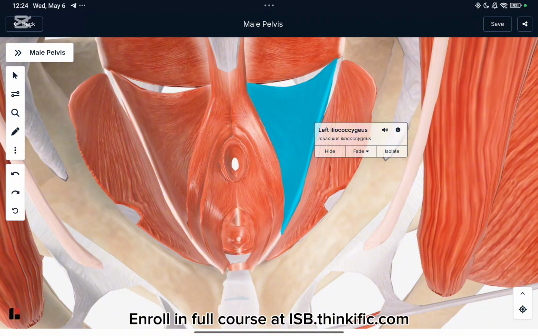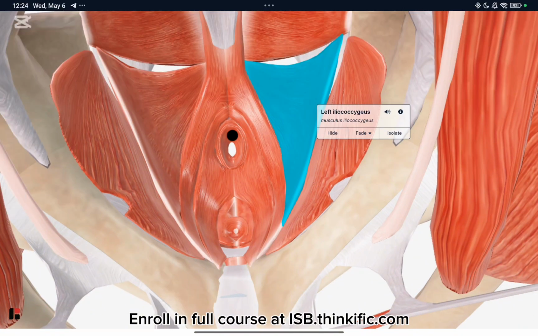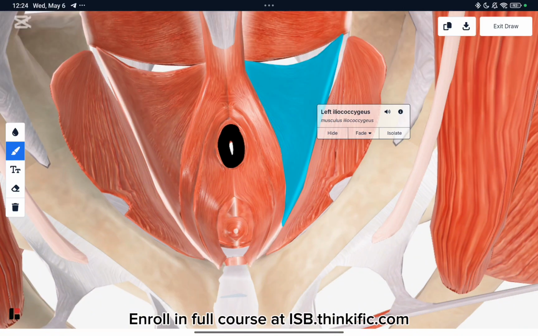Not only that, remember, this is the anal sphincter. The anal sphincter all around is surrounded by levator ani. So when levator ani muscle contracts, it also compresses the anus from outside. So it acts to reinforce the function of the anal sphincter.